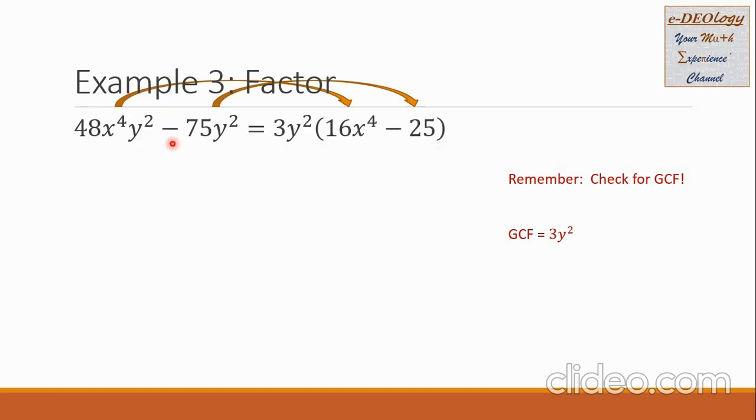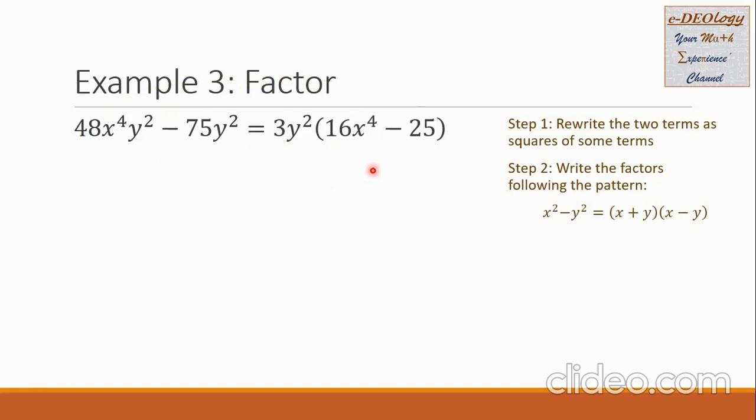Of course, the negative sign we will just copy here. So for our problem here now, we have monomial times binomial. And then we will check if this binomial here has terms which are perfect squares.